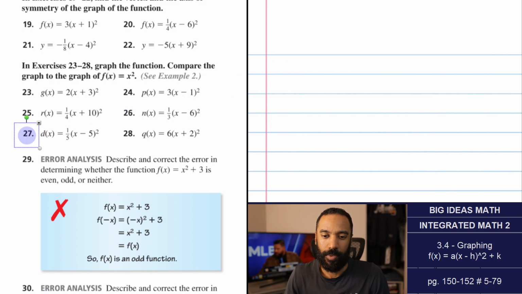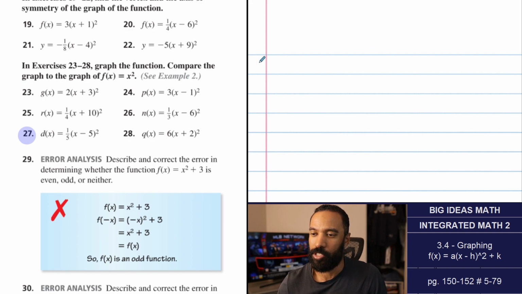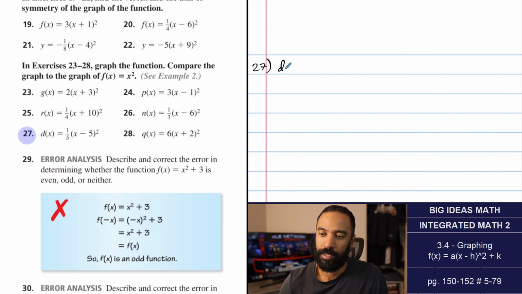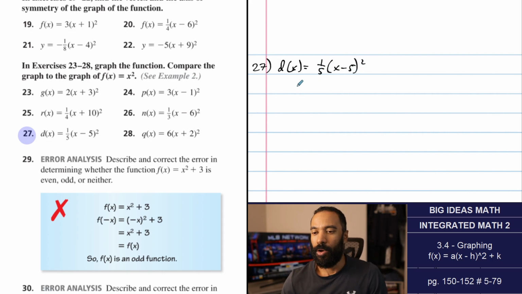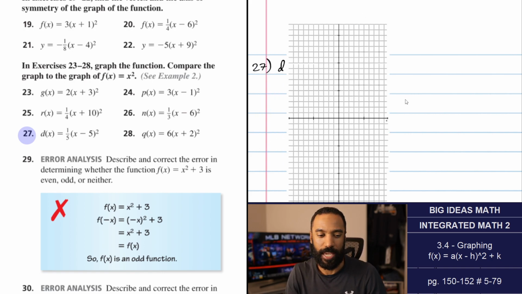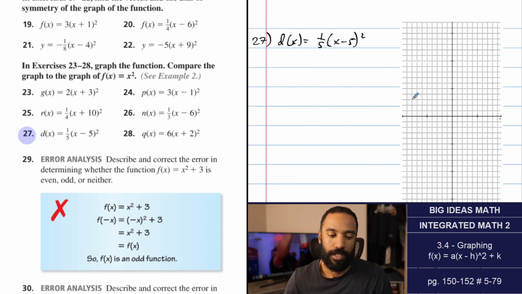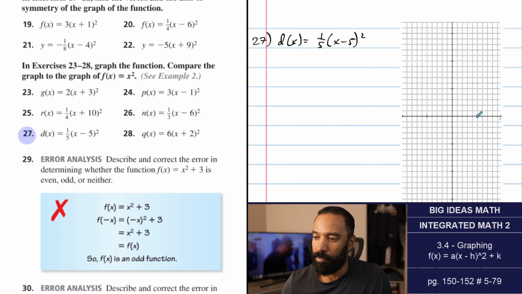Number 27, we have d of x equals 1/5 times x minus 5 quantity squared. Your vertex is at 5, 0. Once again, we still haven't touched k's yet. Maybe that comes next after the error analysis questions. So 5, 0, and 1/5.